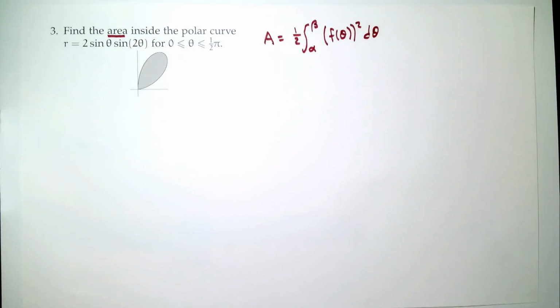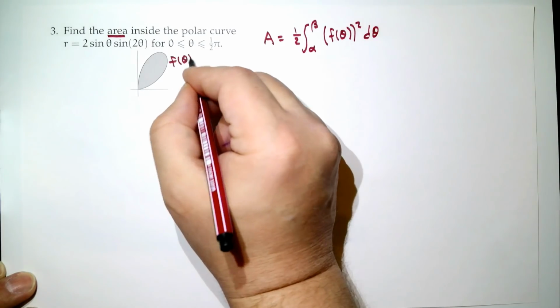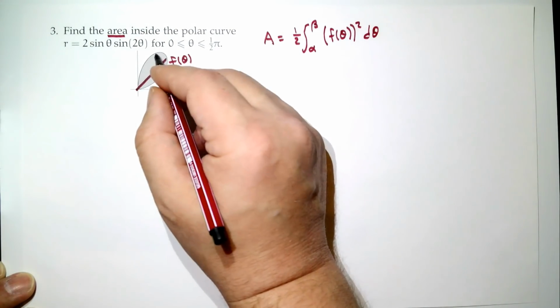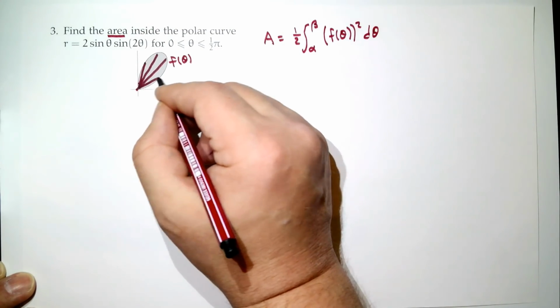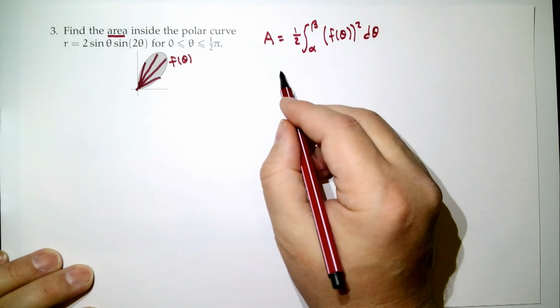That's a generic formula. That's if I'm going from some curve down to the origin. So in other words, this is my f of theta. And I'm going straight to the origin at every point. Now, if I was going between two curves, I'd have a difference. Essentially, I would take the larger one, subtract off the smaller one. So in our case, we have 1/2.